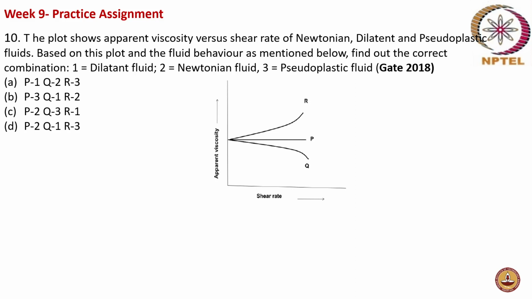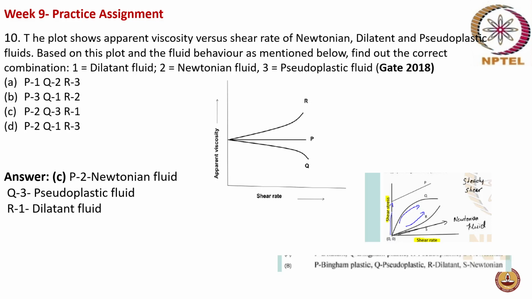Whereas Q is actually pseudoplastic, a shear thinning fluid. With the application of shear, the viscosity decreases. And R is the dilatant fluid. With application of shear, viscosity increases.